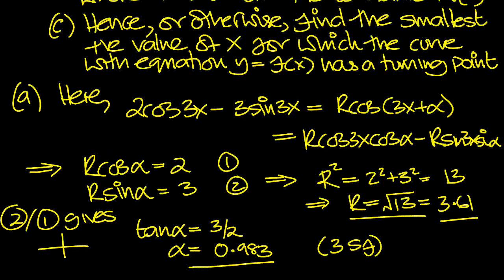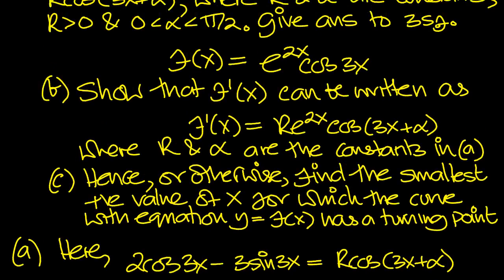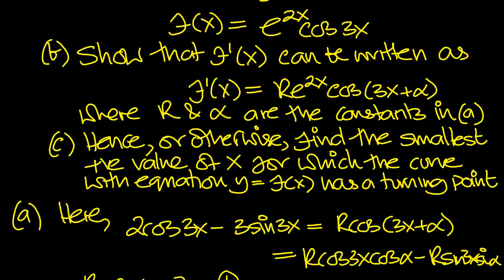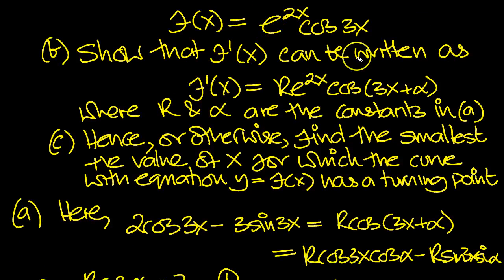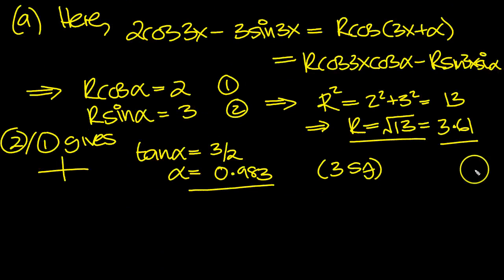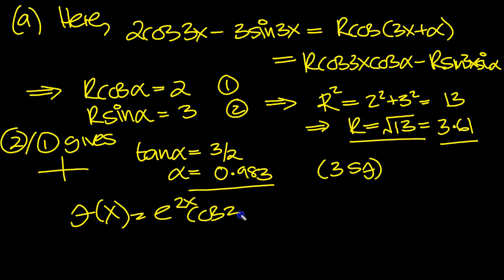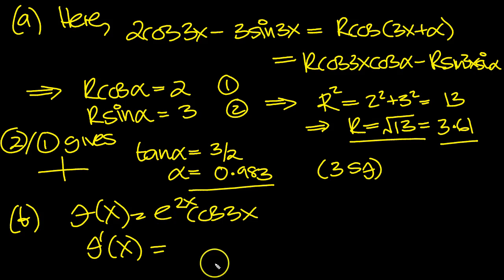So let's look at part B. f of x equals this. Show that f dash x can be written as this here. So let's differentiate e to the 2x cos 3x. f dash x is a product, so we use the product rule. Each constituent is itself a function of a function.